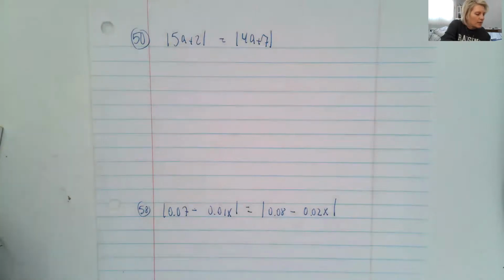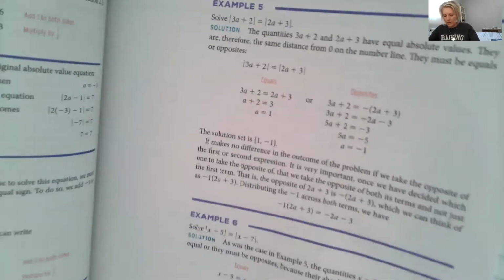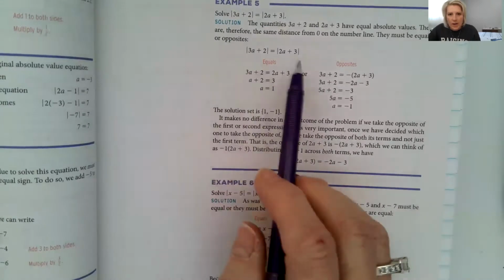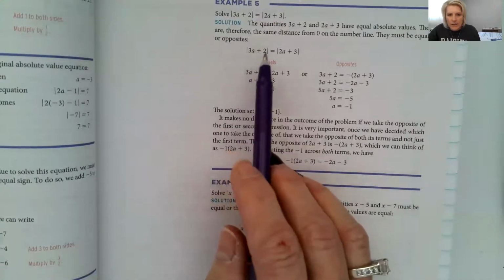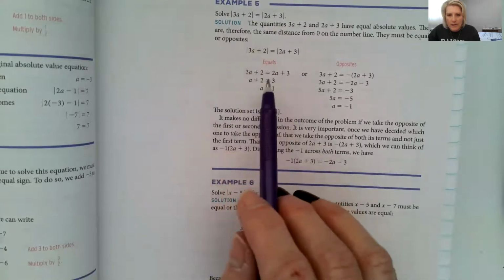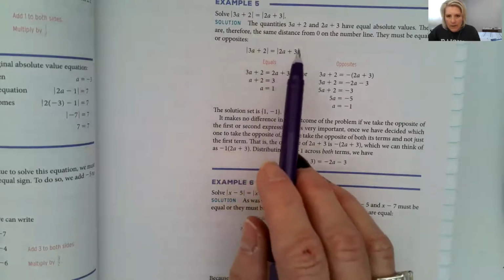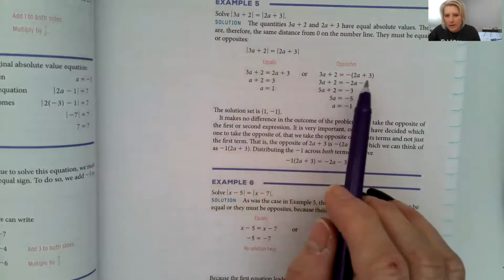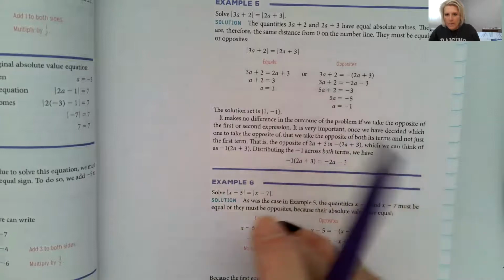And you'll notice in the book on page 171, they give some great examples, so don't worry. You're going to leave the left-hand side as it is, 3a plus 2, and then you're going to take it equal to the positive of the right-hand side, 2a plus 3, and to the negative, but make sure you put that right-hand side in a parenthesis.